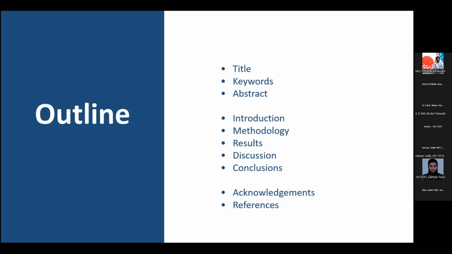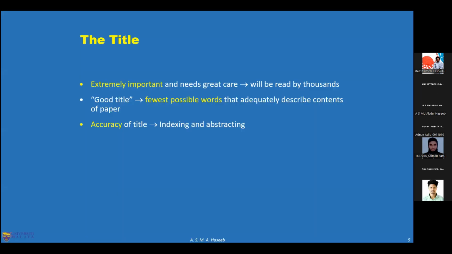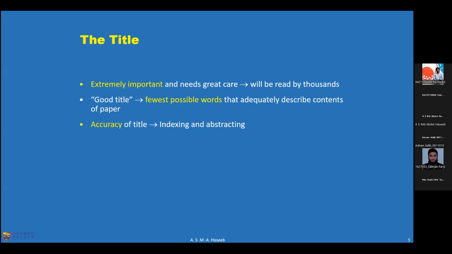Let's go to the title. You know that title is extremely important, in fact, because most people will read the title first, and if they like it, then they will go and read other sections. So you have to write the title in such a way that this is informative, this is concise, and this is accurate.